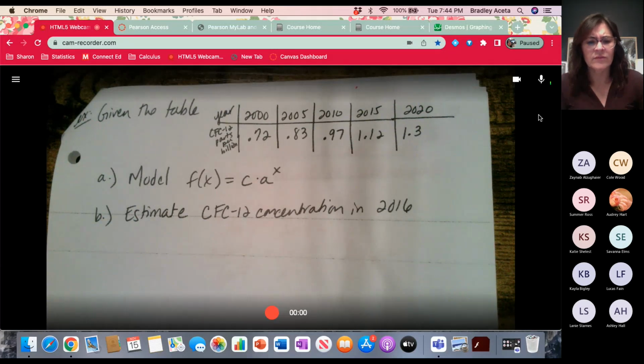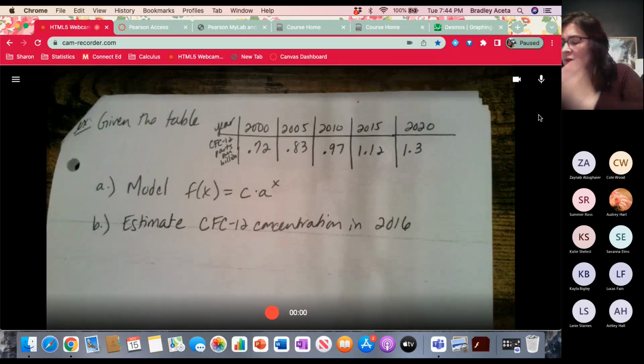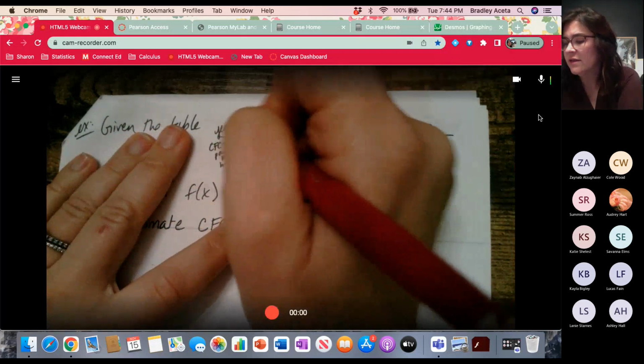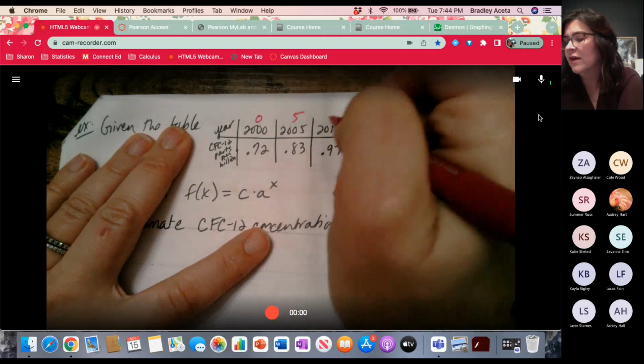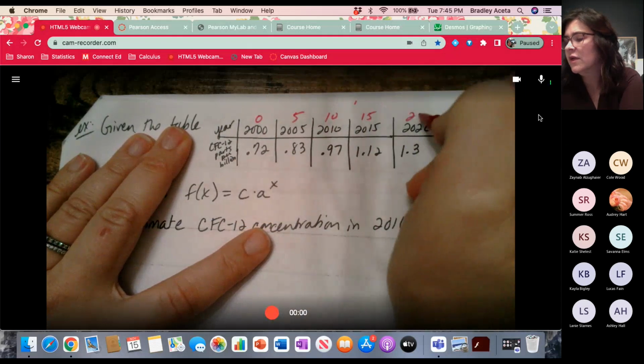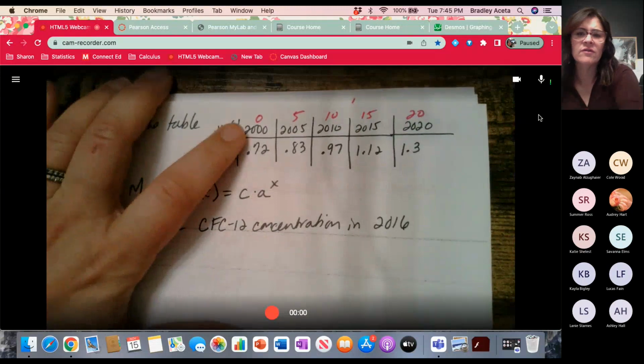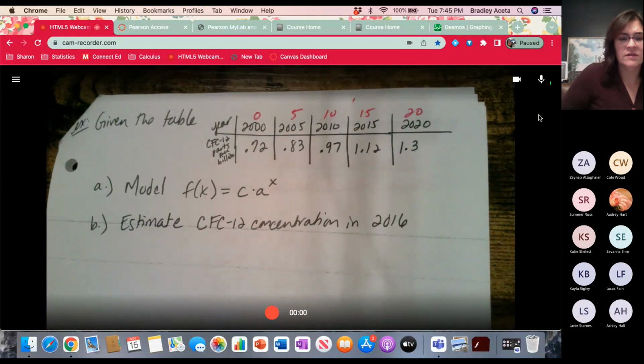And I'm going to put this in Desmos. I think actually they told you to let x be 0 for 2005, let it be 5, 10, 15, and 20. So we're going to do that and put it into Desmos, and let's see how Desmos will do it for me.